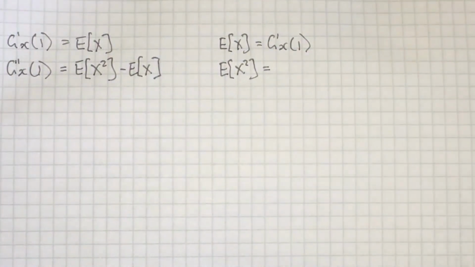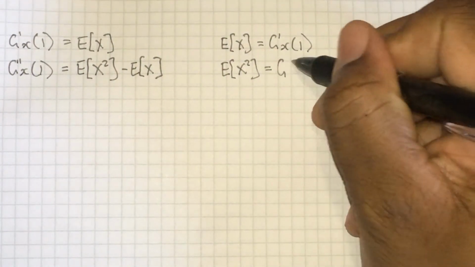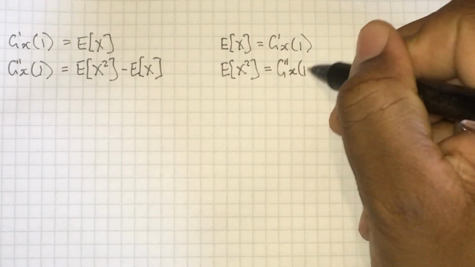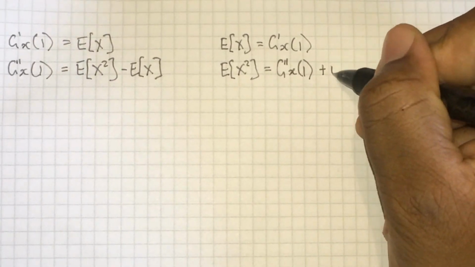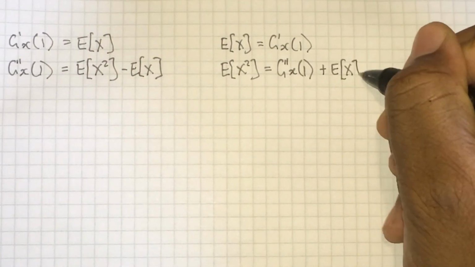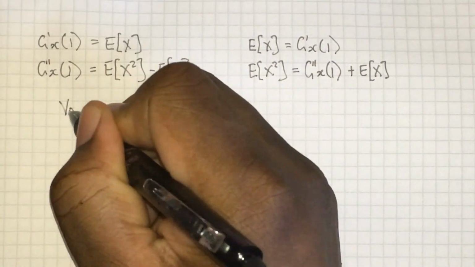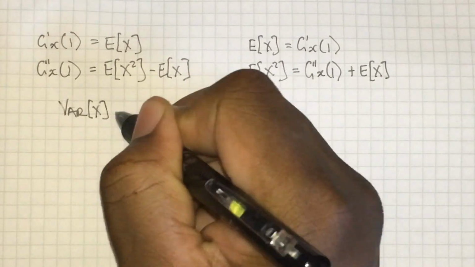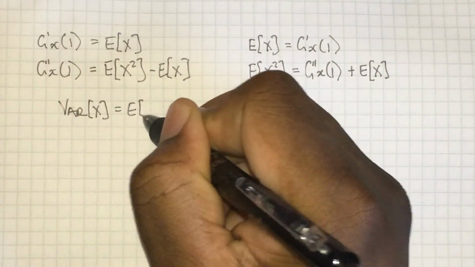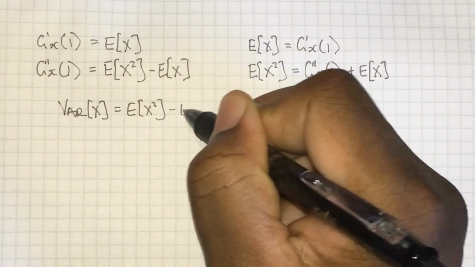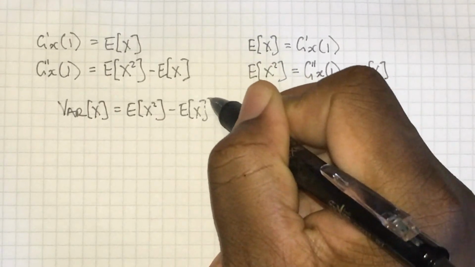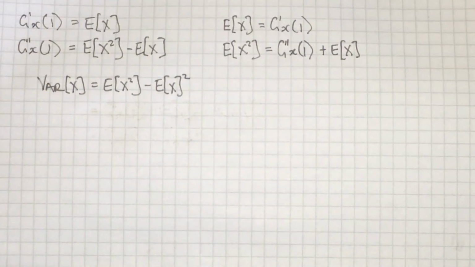Well, since I now have an expression for the expectation of x and an expression for the expectation of x squared, I should be able to make use of that familiar variance formula. So the variance of x is the expectation of x squared subtract the expectation of x, all squared. Let's see what happens as we start to substitute into this expression.